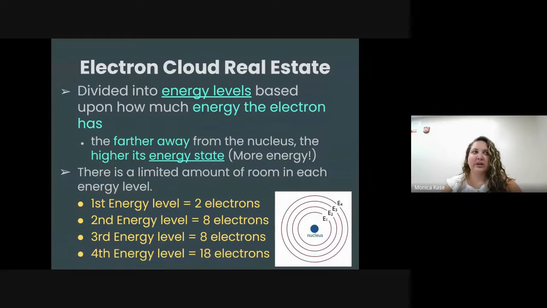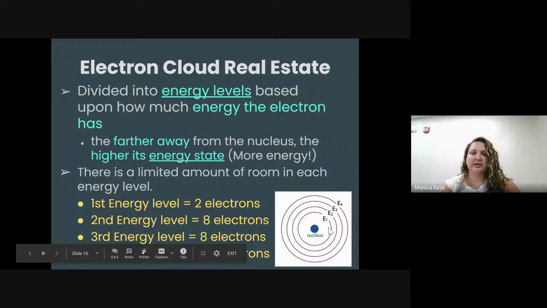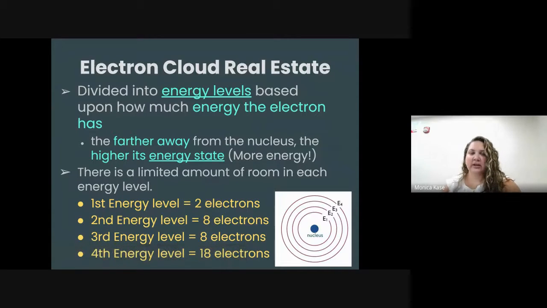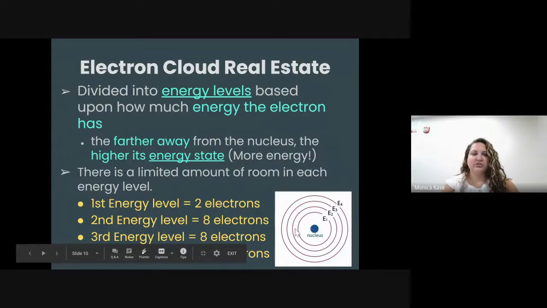In that first energy level around the nucleus, where it says E1, only 2 electrons can hang out there. That's as much room as they have. Our second energy level can hold 8 electrons, as can our third energy level. And our fourth energy level can hold up to 18 electrons.